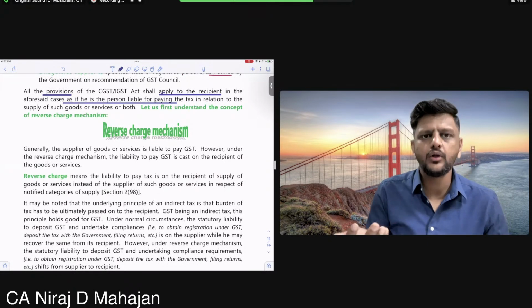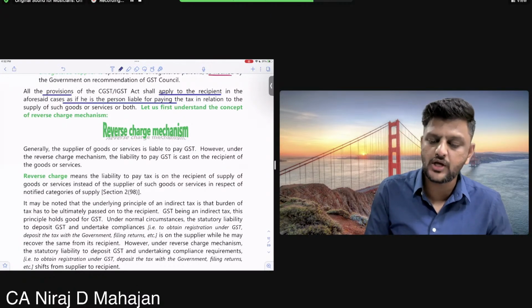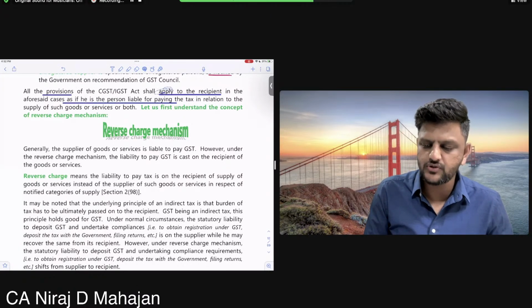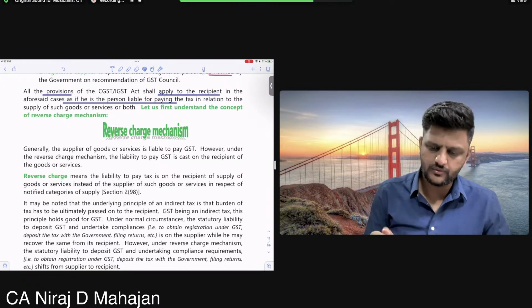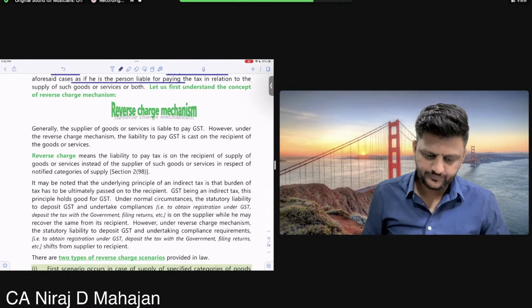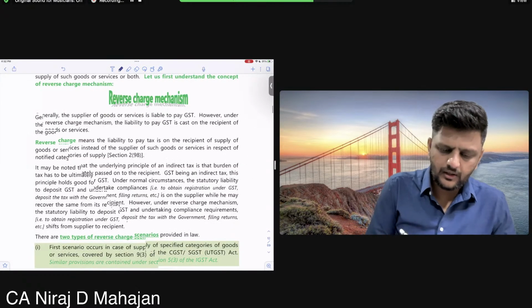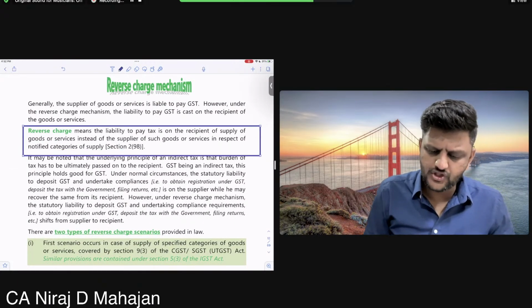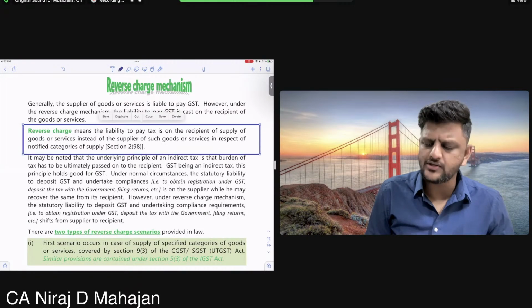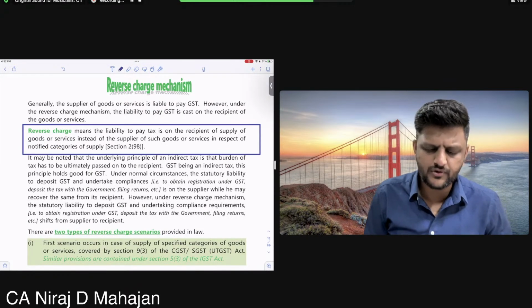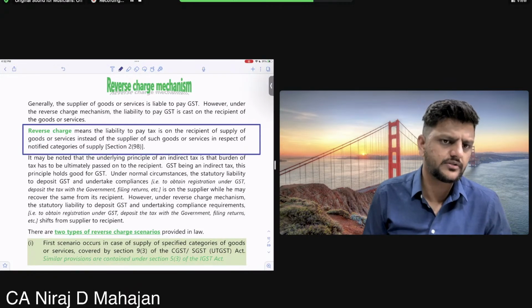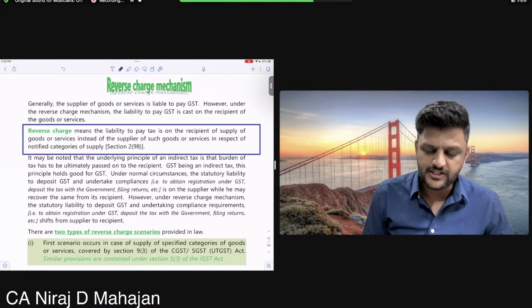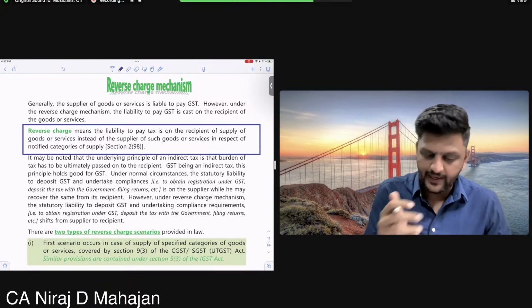Obviously, all the liability, duty, responsibility and compliance has to be done by the recipient. Ready? Let's go. Look at the definition we just covered. Reverse charge means liability to pay tax on the recipient of the supply of goods or services or both instead of the supplier, in respect of notified categories of supply.